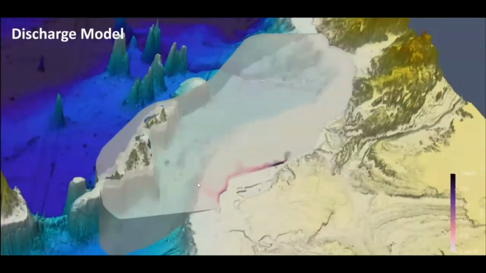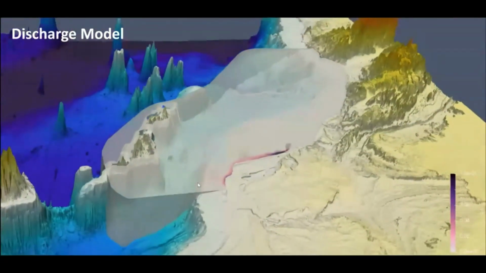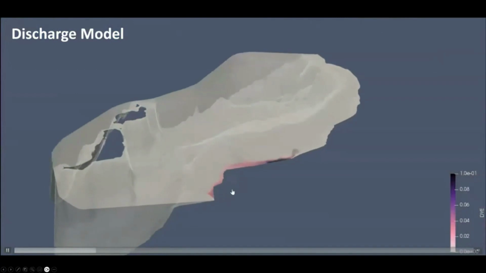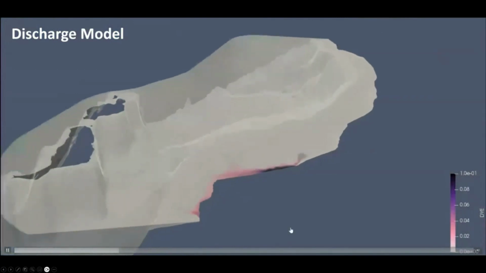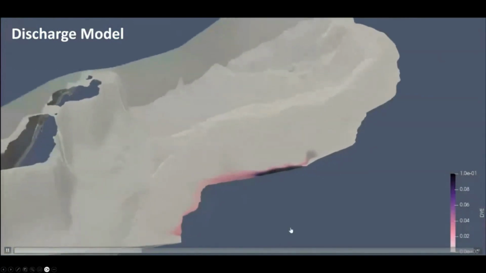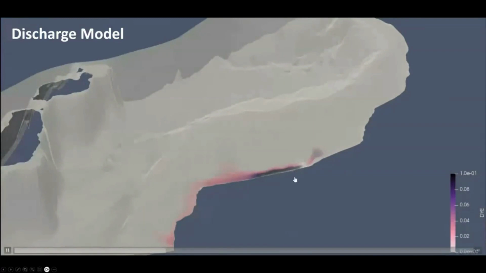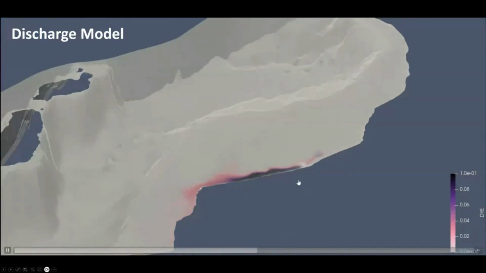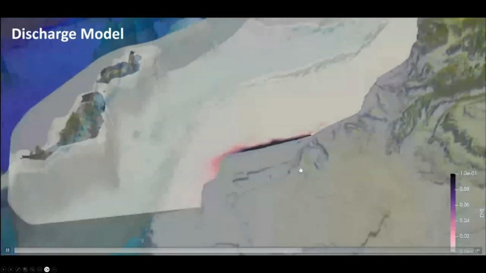The second use of the model was to track the discharge of this deacidified seawater. That's what's shown here with a dye release model, which is bolted onto our FVCOM model. Because the Canary coastal current goes north to south, you can see our released deacidified seawater hugs the coastline and moves south. This is useful for environmental impact assessments, but also for tracking.